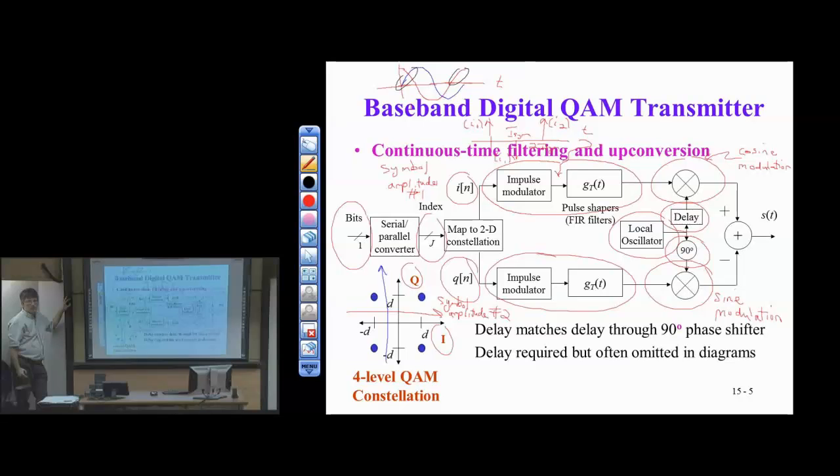And the constellation spacing is still 2 times little d. So again, in the in-phase direction, my possible values for capital I are plus d and minus d. Along the quadrature direction, so this is little I of n, my possible values, again, are plus d and minus d.